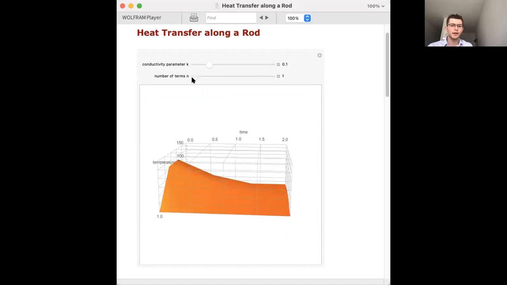And in fact, if you increase the conductivity of the rod, meaning how easily heat propagates along the rod, then this phenomenon takes less time to occur, because everything can uniformize faster.